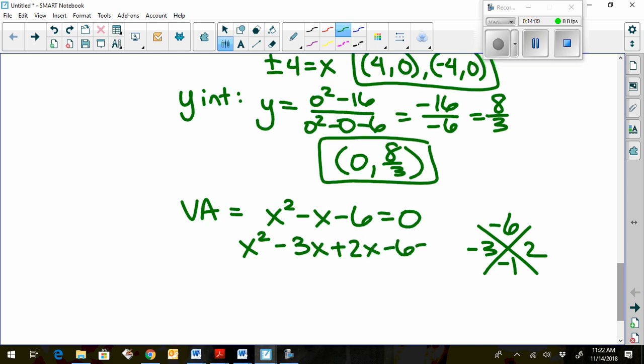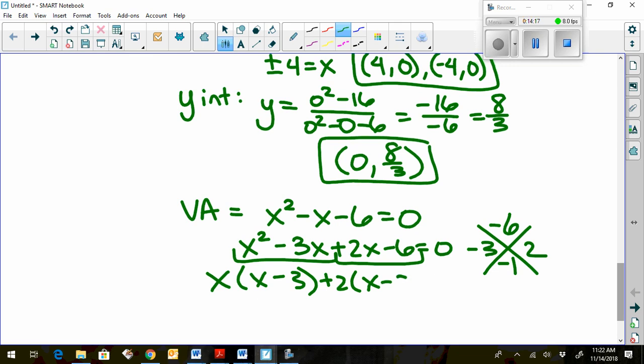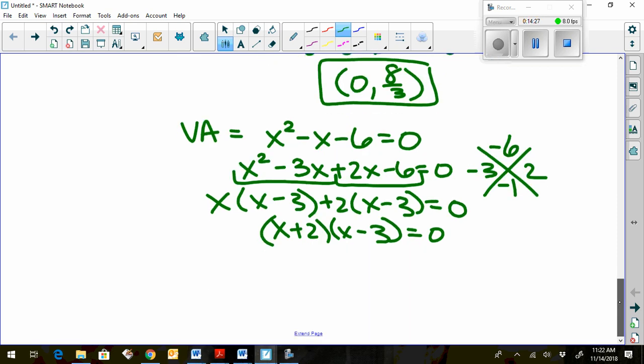So I'm going to expand that middle term, and then I'll do my left side, right side. So I get x times x minus 3 plus 2 times x minus 3 equals 0. And notice how both of those are the same in the middle. So I get x plus 2 times x minus 3 equals 0. Notice how these are the same as the r and the s that I found earlier.